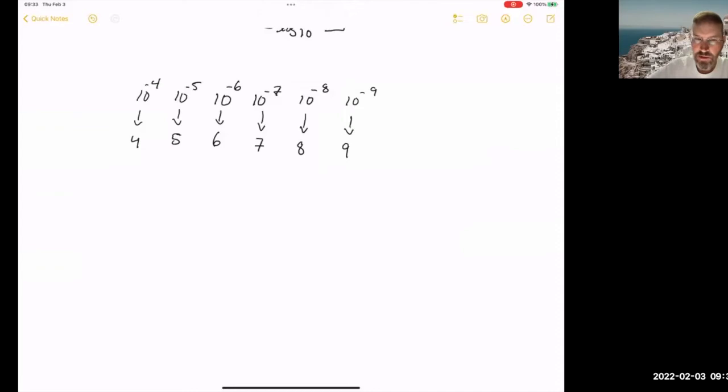And here's the cool thing. The negative logarithm base 10 of the hydrogen ion concentration in moles per liter is what we refer to as the pH.